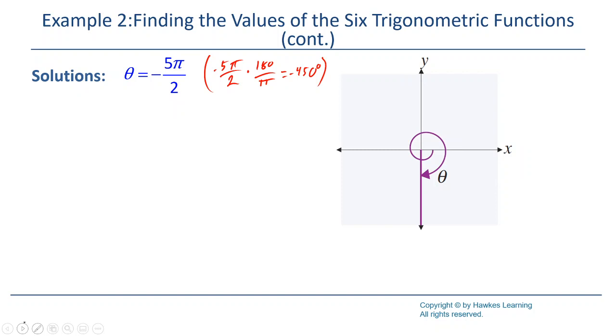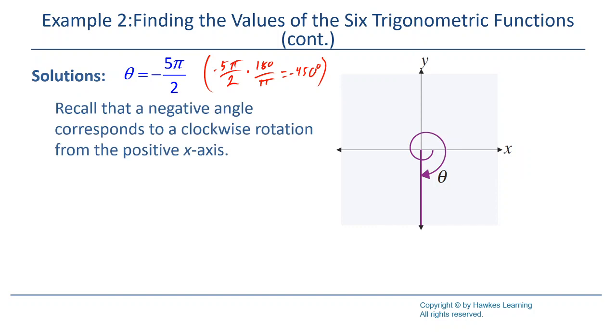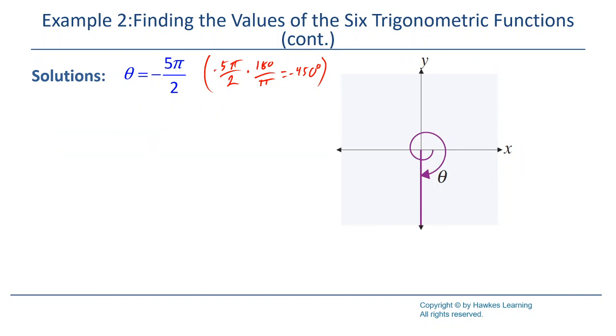So if theta equals negative 5 pi over 2, this means we've rotated, and the easiest way is to look at it and say, okay, this is what we talked about by narrowing things down to between 0 and 360, because here's 0 degrees, which is also 360 degrees, which is also 720 degrees, which is also 1080 degrees, and so on and so forth.